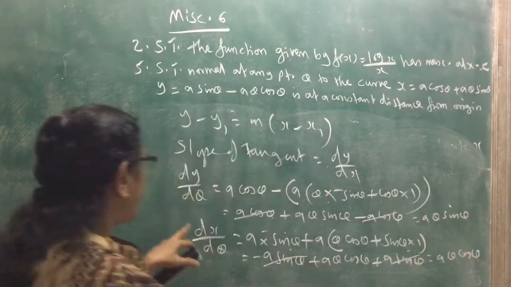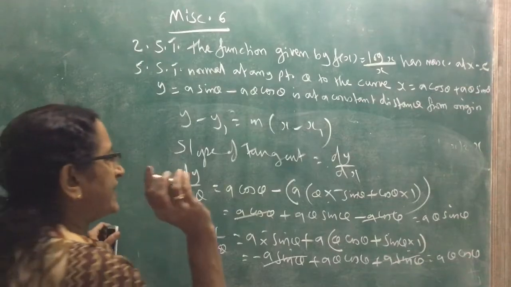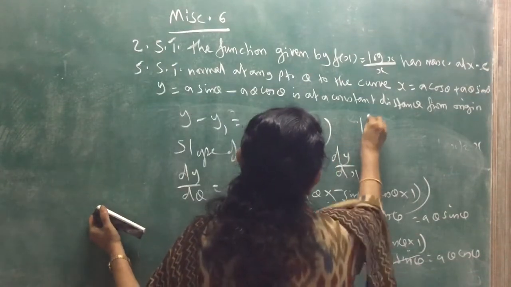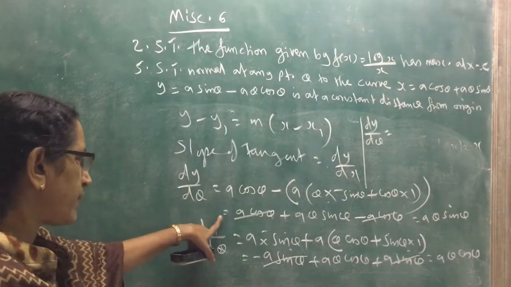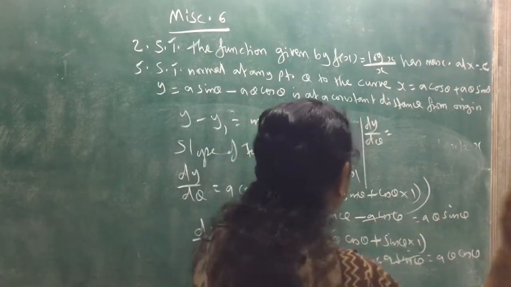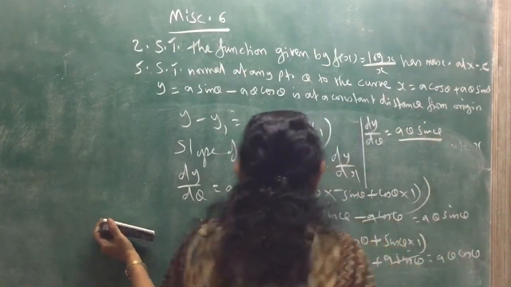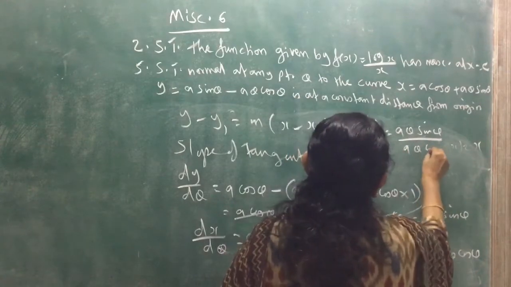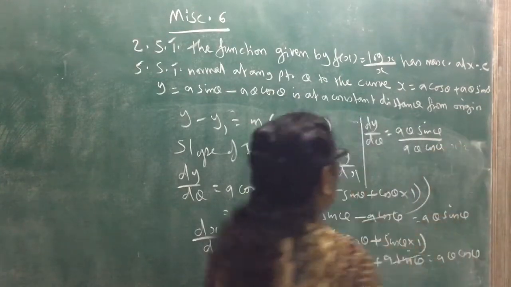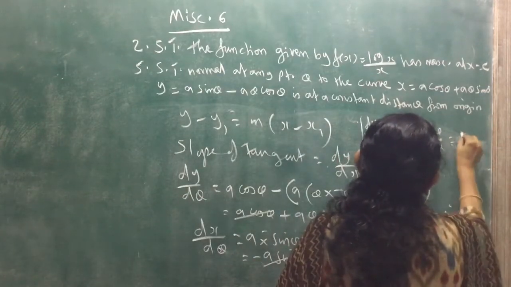So we got dy by d theta and dx by d theta. From that we can find dy by dx. dy by d theta is a theta sin theta, divided by dx by d theta, a theta cos theta. Therefore a theta cancels, and sin theta by cos theta is tan theta.